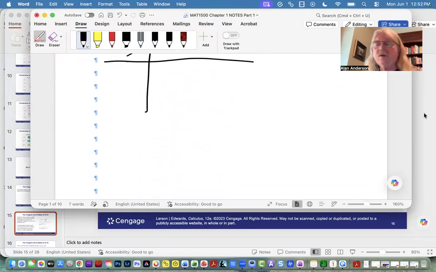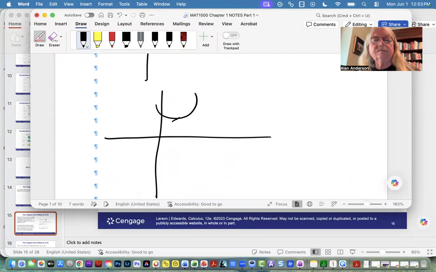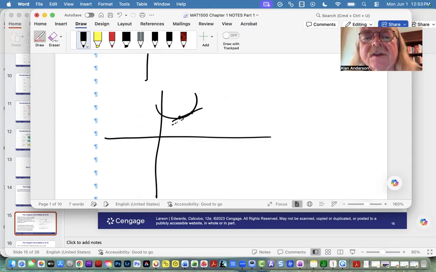But if I had two points that were very close to each other, let's say I'm looking at these two points, and they're getting pretty close to each other. And so you can see that they're getting awfully close to the tangent line, which is, let's say, right here.